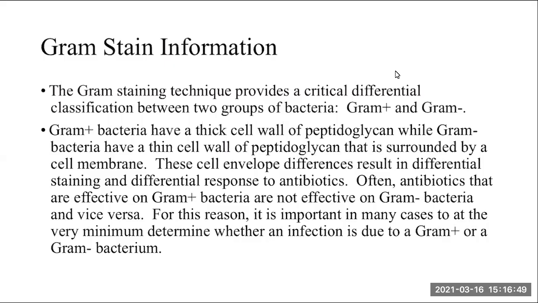Often, the antibiotics that are effective on Gram positive bacteria are not effective on Gram negative bacteria, and vice versa. So for this reason, it's important in many cases to, at the very minimum, determine whether an infection is due to a Gram positive or Gram negative type of bacteria.